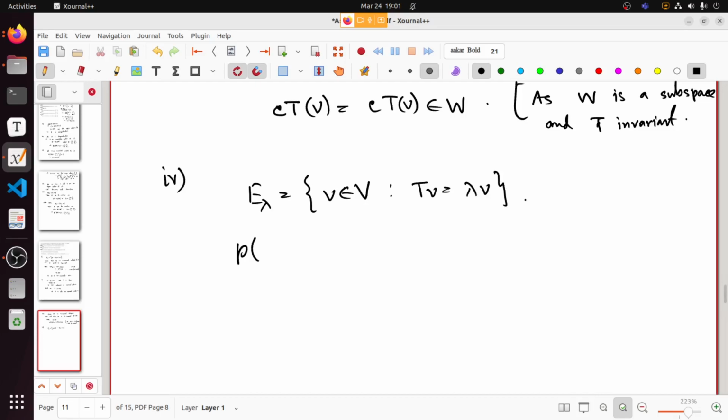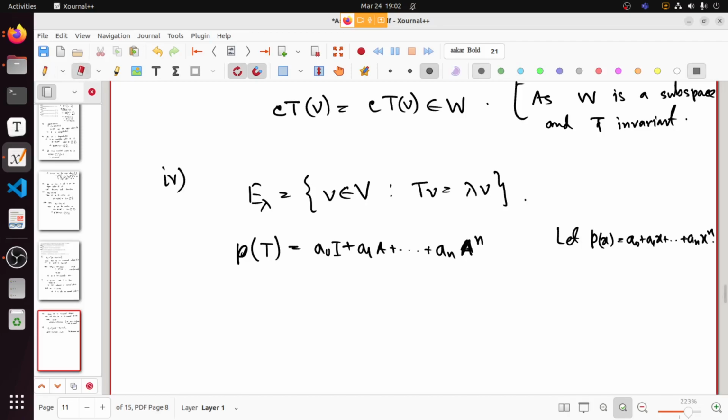Take any polynomial. Let p of x be a naught plus a1 x plus dot dot dot an x to the power n. Then p(T) will be simply a naught times identity plus a1 T plus dot dot dot an T to the power n. So this is the polynomial of T.